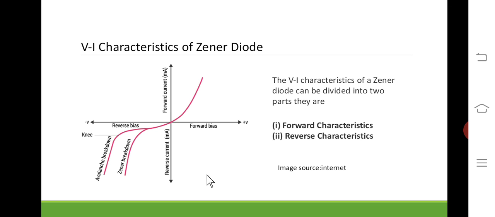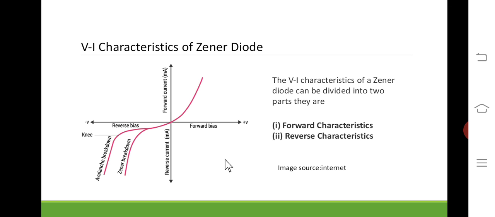In reverse bias, if we start increasing the voltage, the current in the PN junction increases, and at some point it reaches the maximum current. If it is a simple diode, the junction is going to be destroyed.